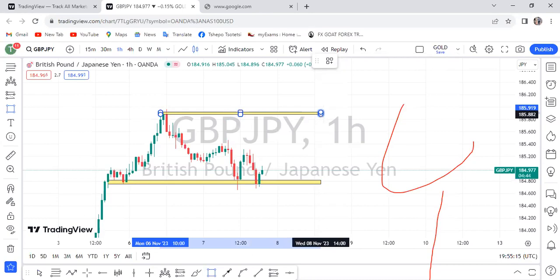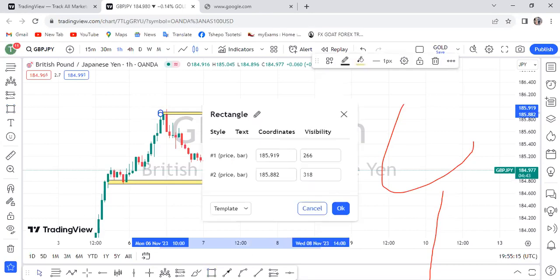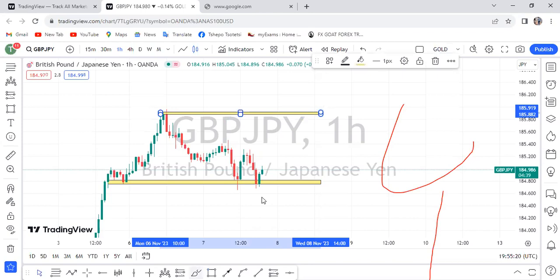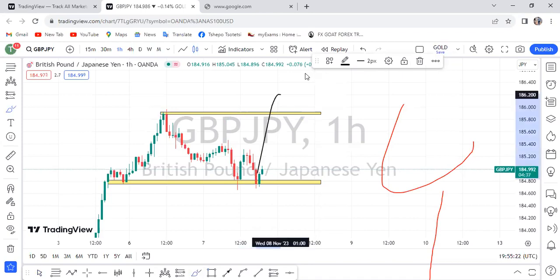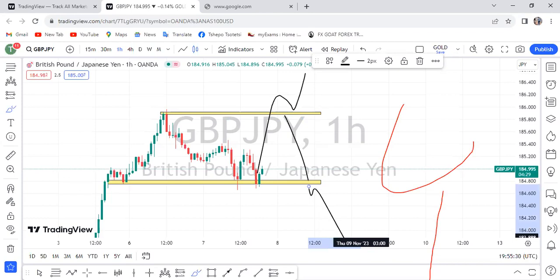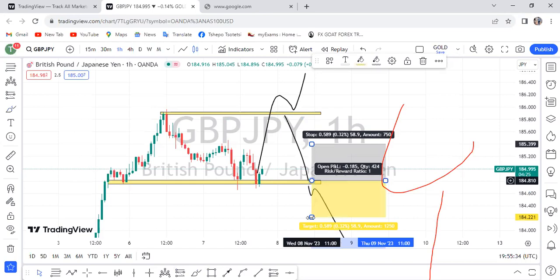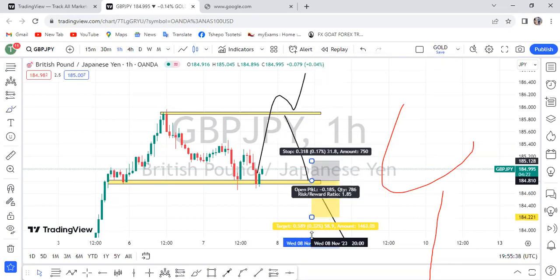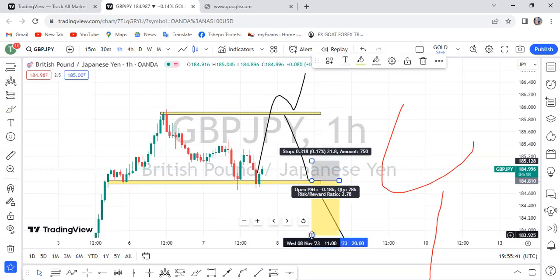So from here, we still know, okay, once market breaks this, we expect buys, but if it fails, we're gonna expect sell, and we might expect further sell once it breaks this one here. So guys, that's simple market structure.